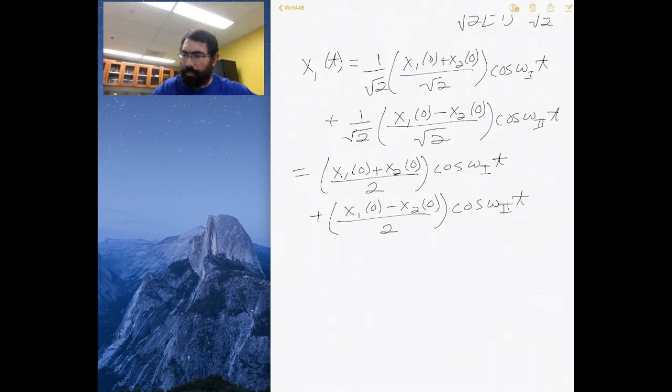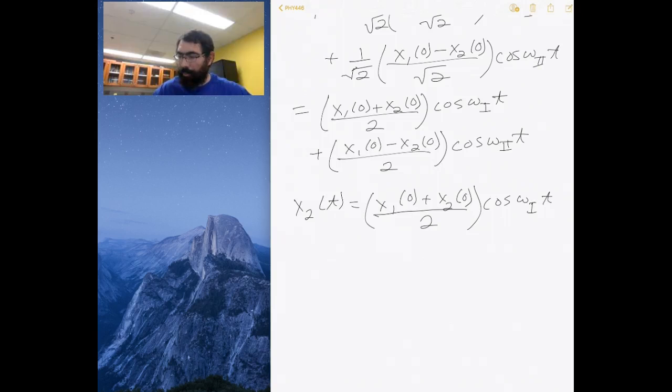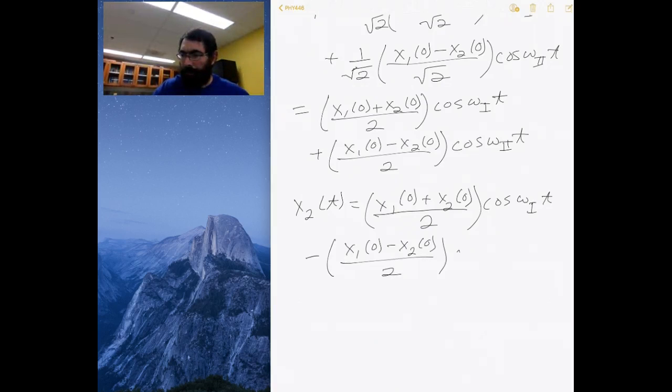Basically we can get a similar result for position number 2. For mass number 2, what's its position as a function of time? You would get x1 plus x2 divided by 2 times the cosine of omega 1 times t, minus, because you've got to remember there's a factor of minus 1 over the square root of 2, minus the initial conditions divided by 2 times the cosine of omega 2 times t.